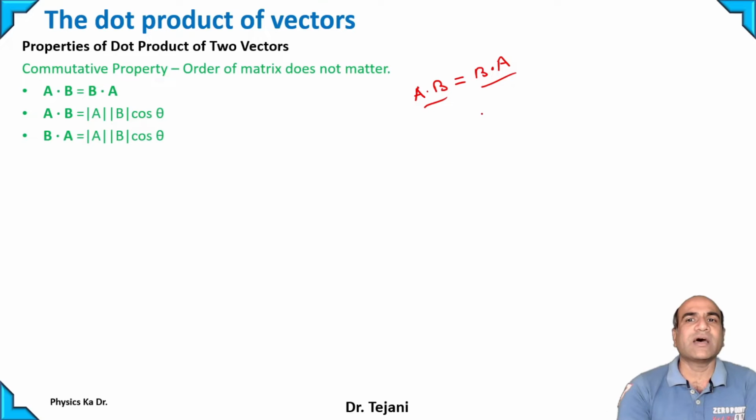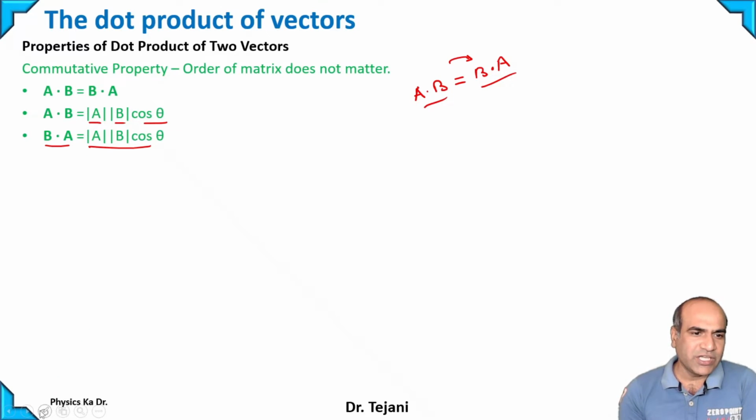The values are not going to change. Whatever values are here on the left hand side, if I change the order, it does not affect the final result, because A dot B is equal to AB cos theta and B dot A is also AB cos theta.